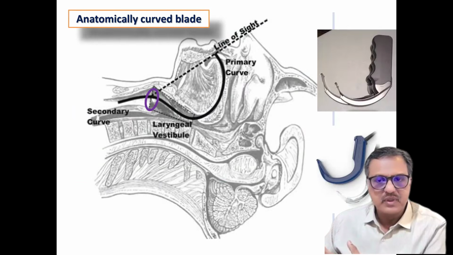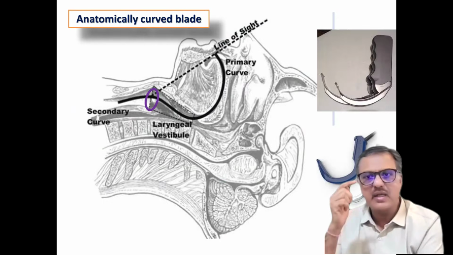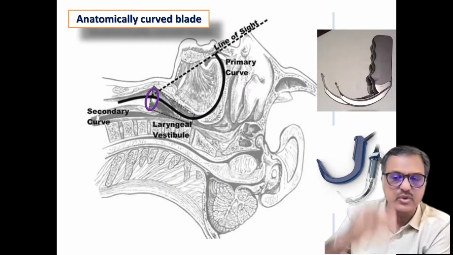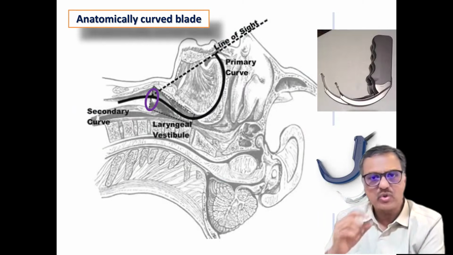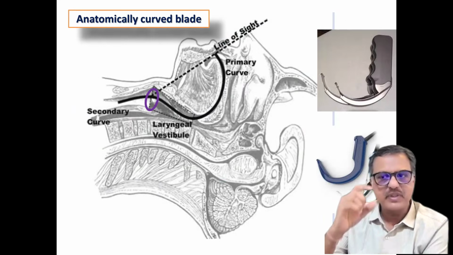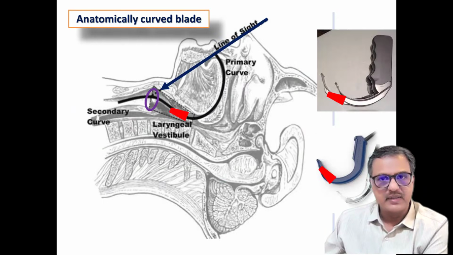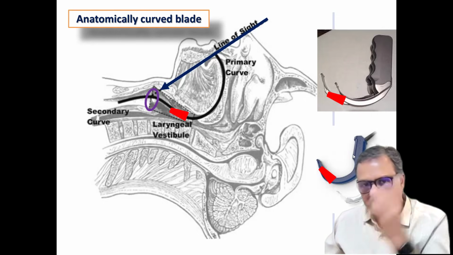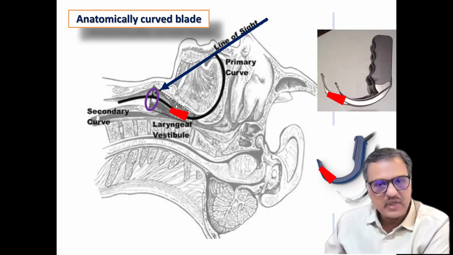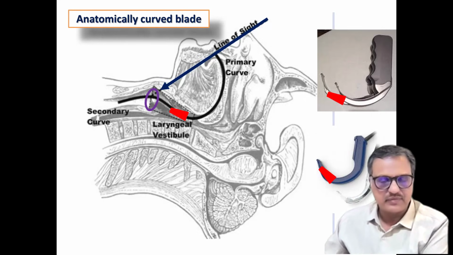Why is it so? In direct laryngoscopy, the laryngoscope creates a direct line of sight from our eye to the larynx, looking from upside down, and at the same time we are also creating a channel for the passage of the endotracheal tube. But when the videolaryngoscope is in situ, the camera takes the position on the line joining the primary curve and secondary curve that we discussed in session 1.